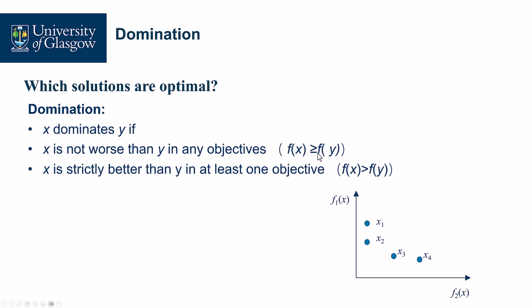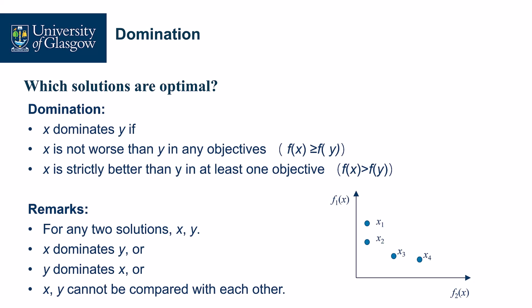Larger than or equal to means not worse. And in at least one objective, x is strictly better than y. This means f(x) is strictly larger than f(y), with no equality. So we can see this is a domination. This is what it looks like if x dominates y, considering maximization.